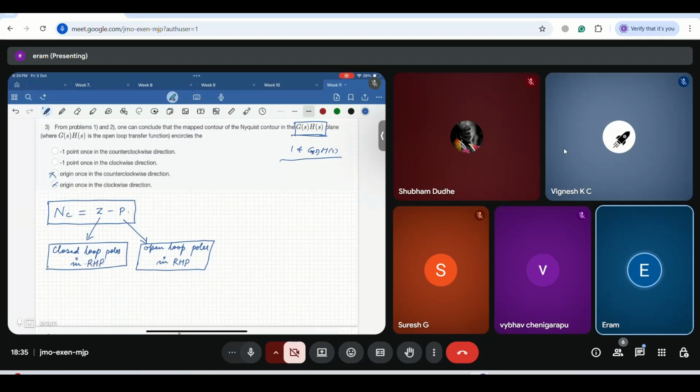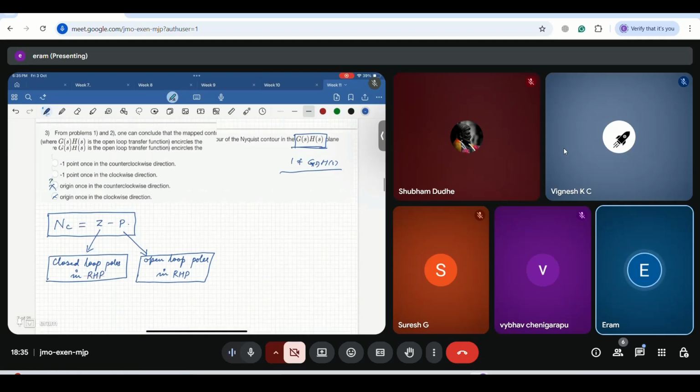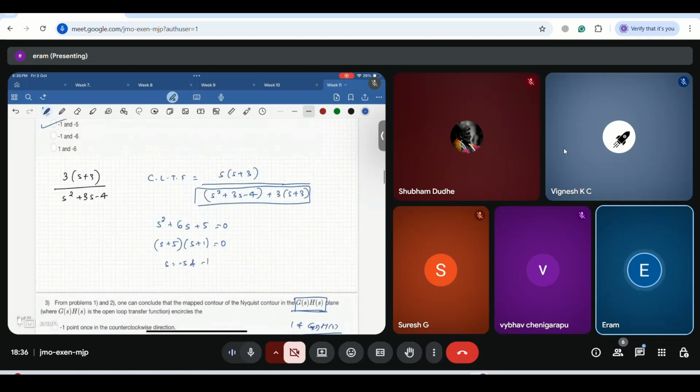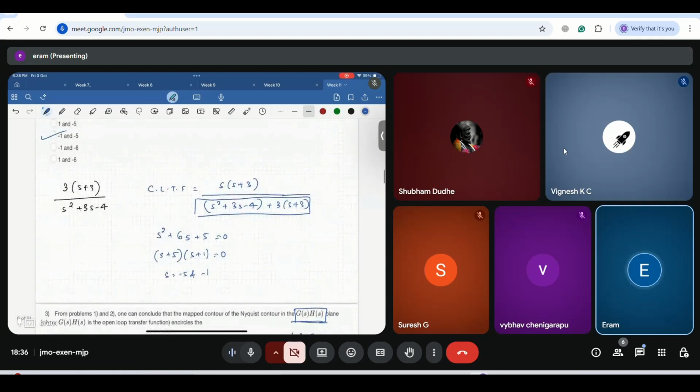Now, just now we have calculated the closed loop poles. What were the closed loop poles for this transfer function? They were at minus 5 and minus 1. Now, is there any closed loop pole on the RHP? Both of these poles are located on the LHP.